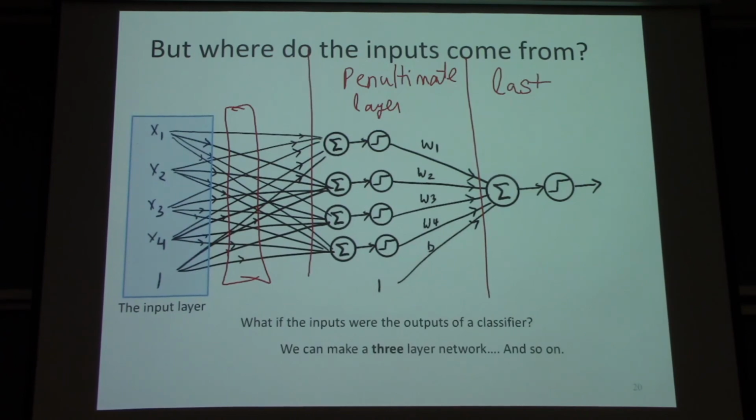I can add one more set of neurons that act as features for the penultimate layer. And then the question comes up, okay, but what are good features for this hidden layer? I can add one more layer. I can keep adding layers, and that's how you get a deep neural network.